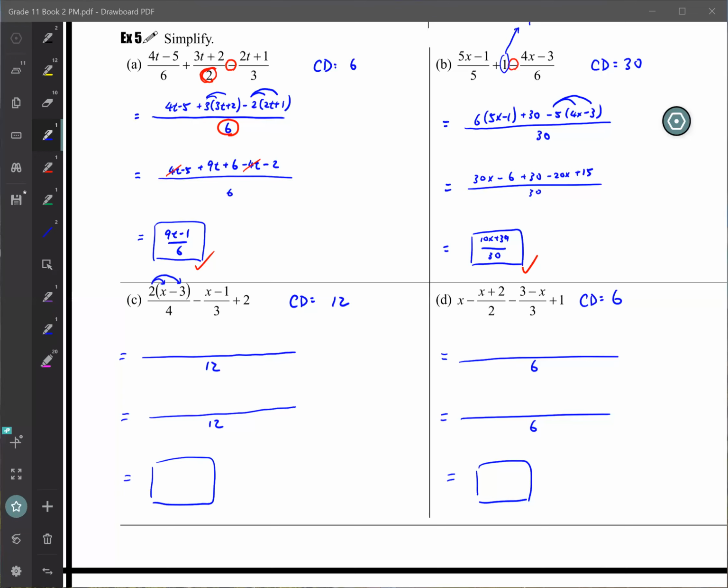Okay, Evan, can I have your final answer for C? I got 2x plus 11 over 12. Okay. Anyone else got different for C? Amanda, what do you have for question C?